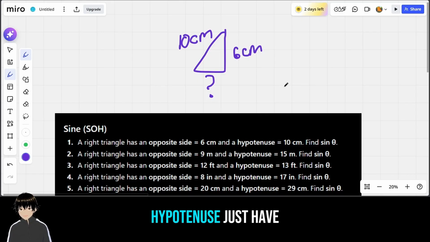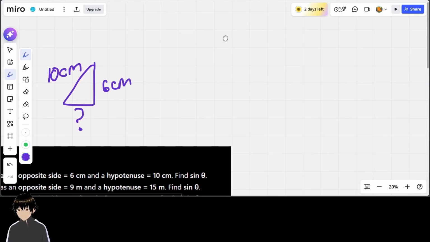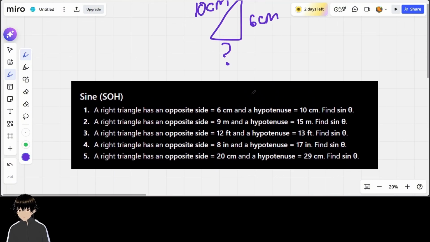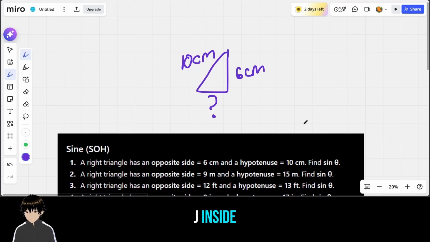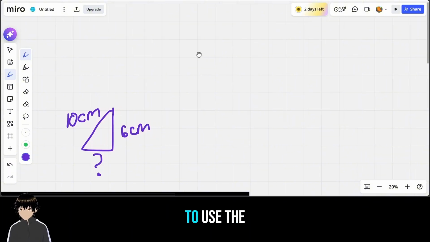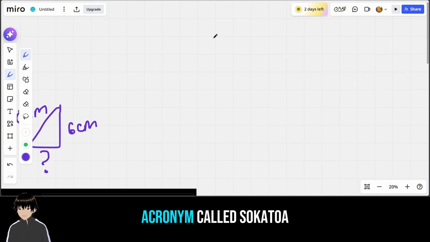In order to find it, we have to use the acronym called SOHCAHTOA.